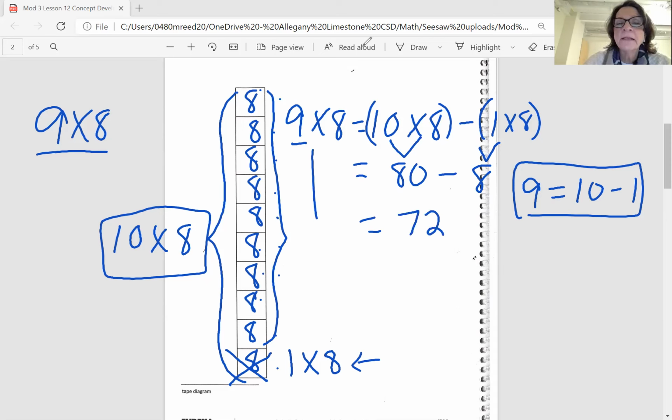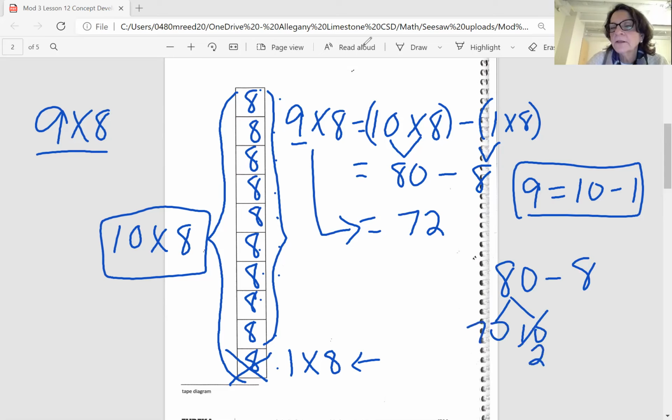Our answer for 9 times 8 then is 72. Now, if you can't remember the take from 10 strategy, when you're doing 80 minus 8, remember we decomposed 80 into 10 and 70, and then we said 10 minus 8 leaves us with 2, and then our answer was 72. So that was why we practiced that skill yesterday.